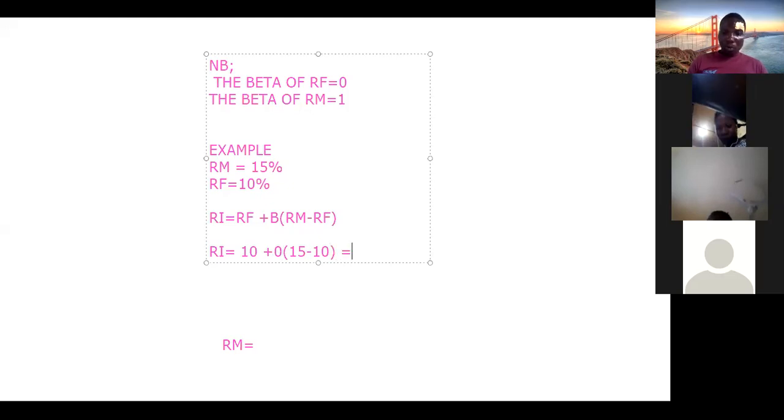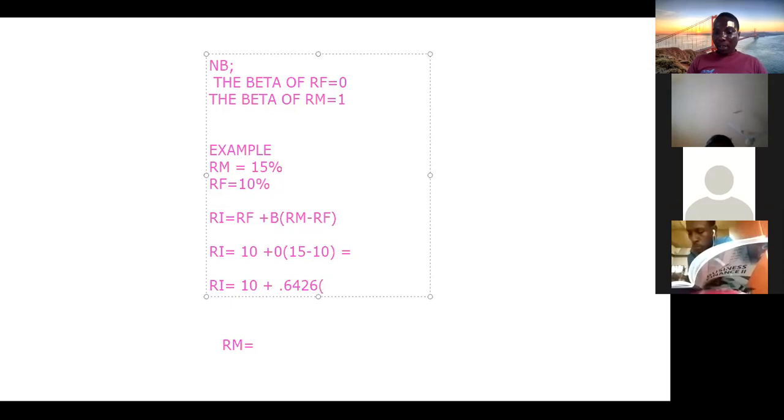So it's going to be equal to what? Second Ri, the second required return, is equal to RF, 10, plus the second beta, which is 0.6426, bracket open 15 minus 10, then bracket close.